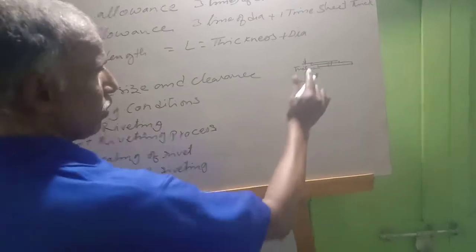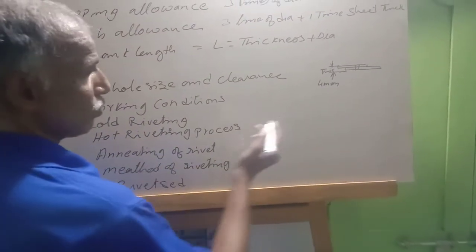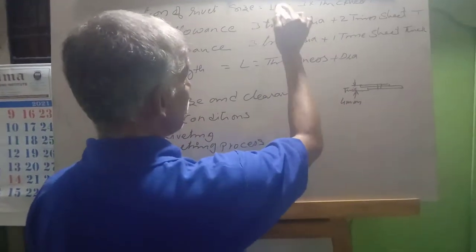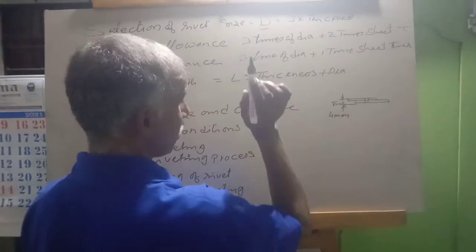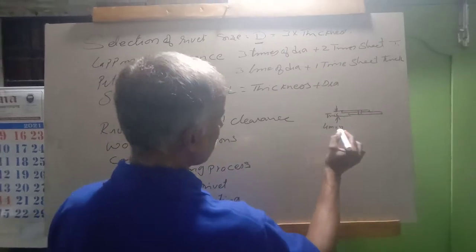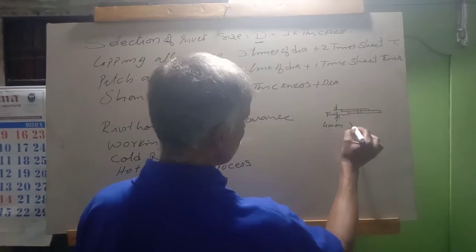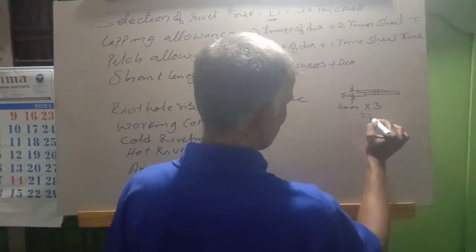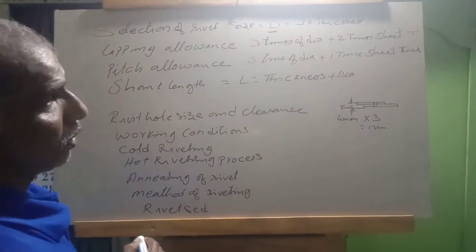Now we are using 2 sheets of 14 gauge, with a thickness of 4 mm. We have to find out the diameter of the rivet. To find it, take 3 times the thickness. That is equal to 12 mm.